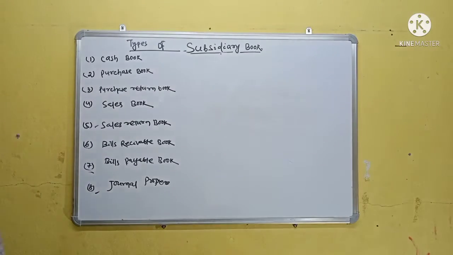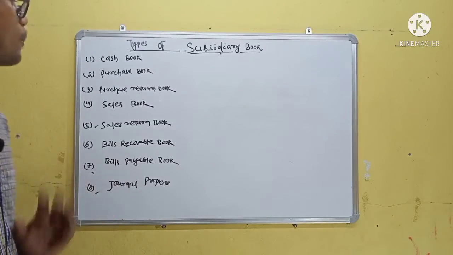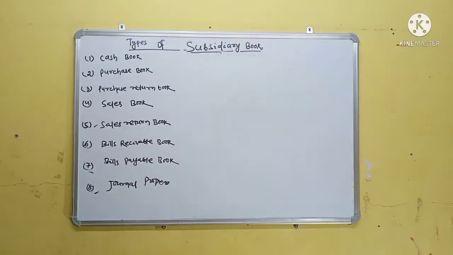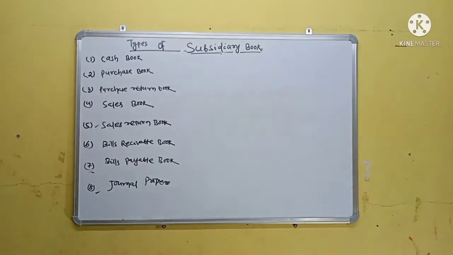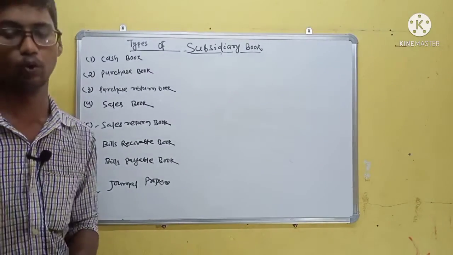Today we discuss briefly the types of subsidiary book. First is the cash book. What is cash book?